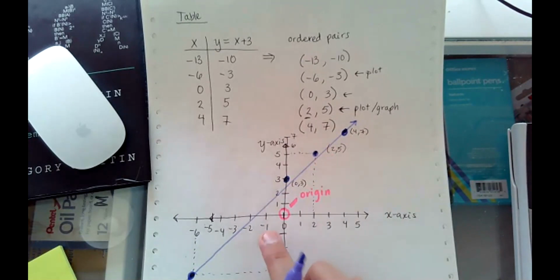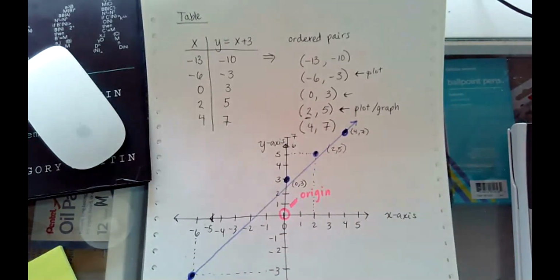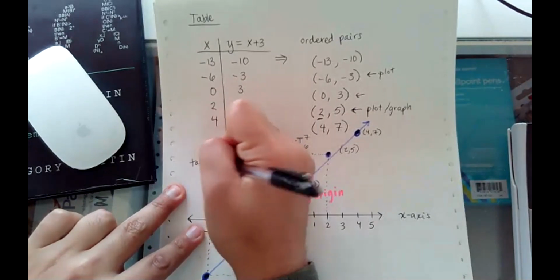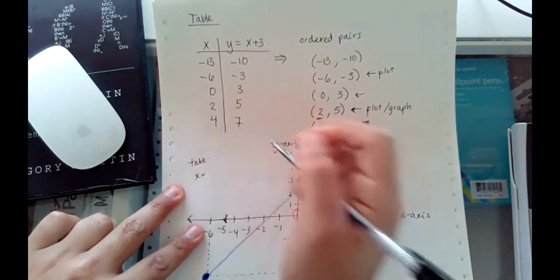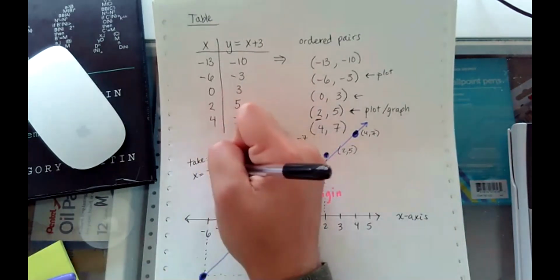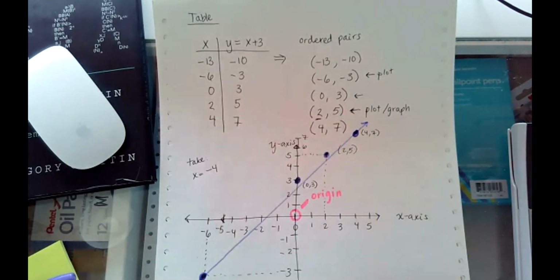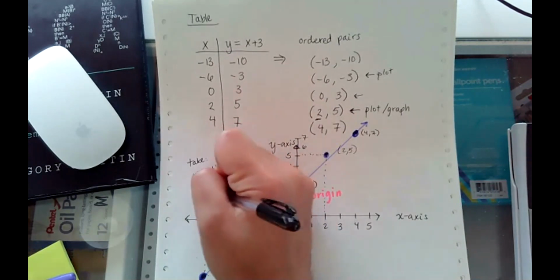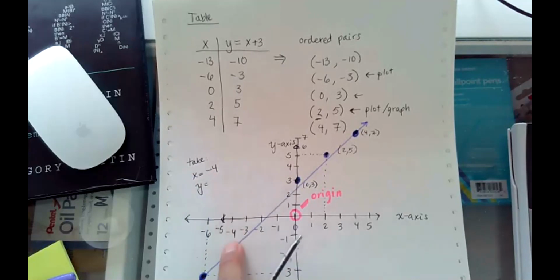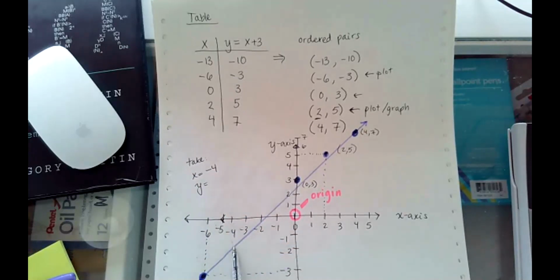But let's say, for instance, if I were to take x is equal to, I don't know, let's do like -4. What should the y value be? Well, the y value, if I just look at the graph, looks like it's somewhere around here. So maybe we'll be around -2 or maybe around -1.